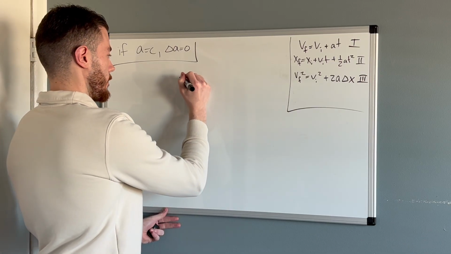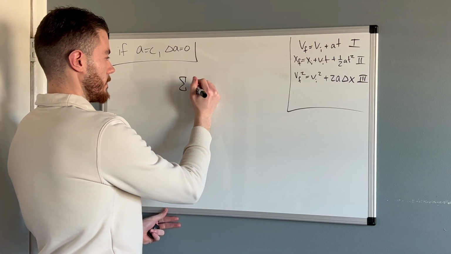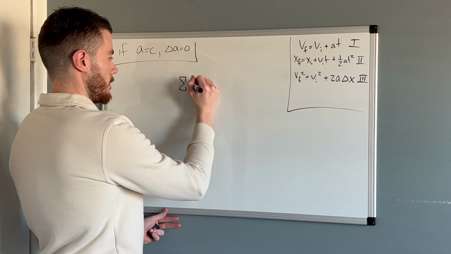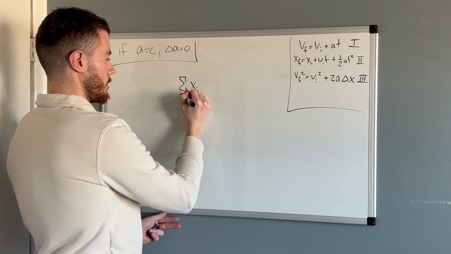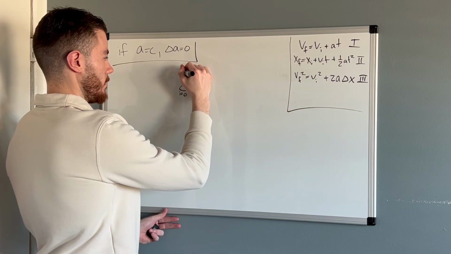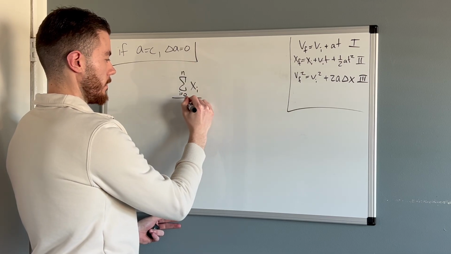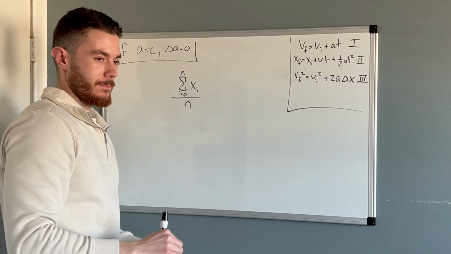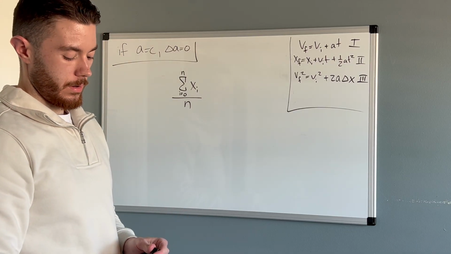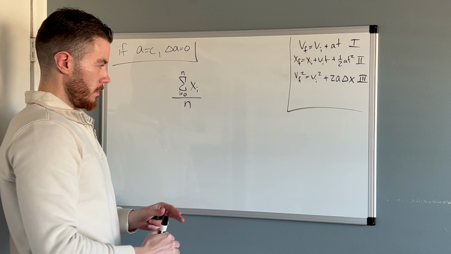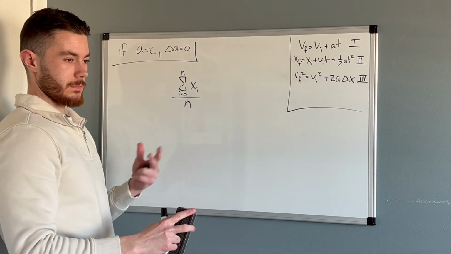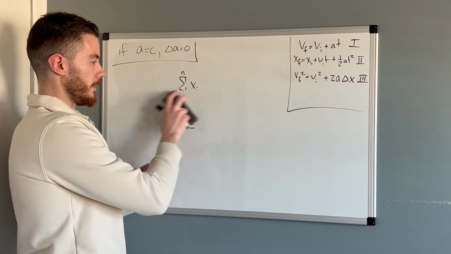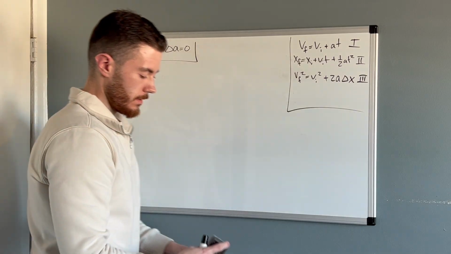the formula for an average is the sum from 0 to n over n. That's the formula for the average of any list of things x sub i.